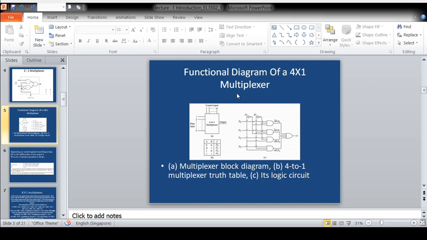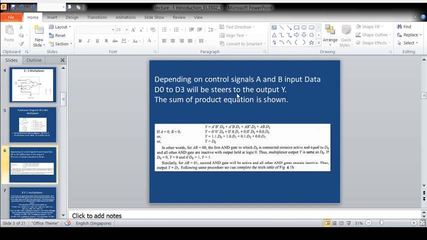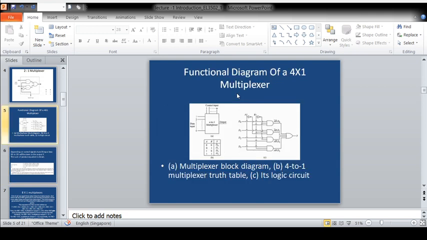Here, consider that A is equal to 0 and B is equal to 0. If you see the circuit, what happens? The upper AND gate is enabled, and all the other 3 AND gates are disabled because one of their inputs is low.